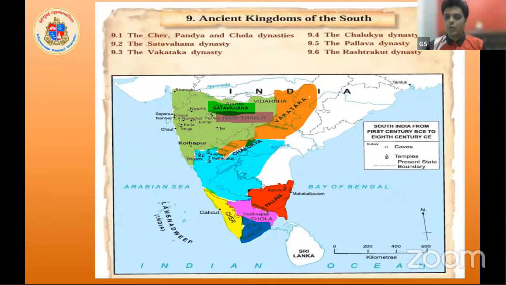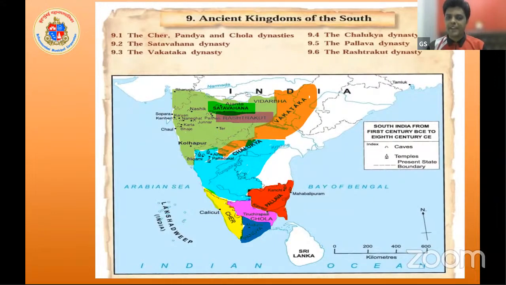In 9.1, we learned about the Chera, Pandya and Chola dynasty, their boundaries, their extents, the important rulers, and the capital of some kingdoms. In 9.2, about the Satavahana dynasty, the important rulers, the cultural life, the economical life of the kings over there.